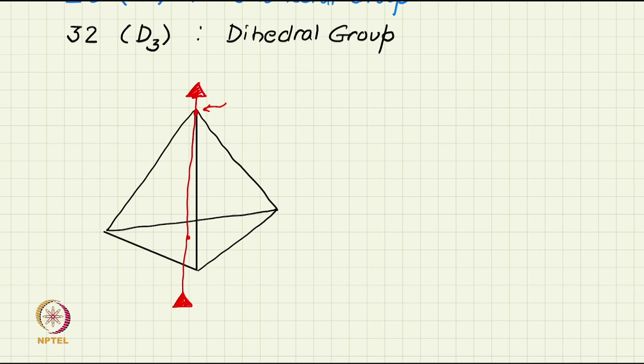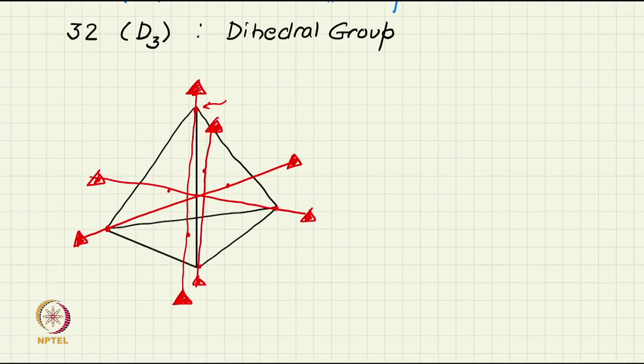So, when you rotate by 120 degrees, these faces will interchange. So, you will get a threefold axis. But notice that a tetrahedron has 4 faces and 4 vertices. So, each pair of vertex and the centroid of the opposite triangle will give you a threefold axis. So, you can quickly see that there are actually 4 threefold axes in this tetrahedron.